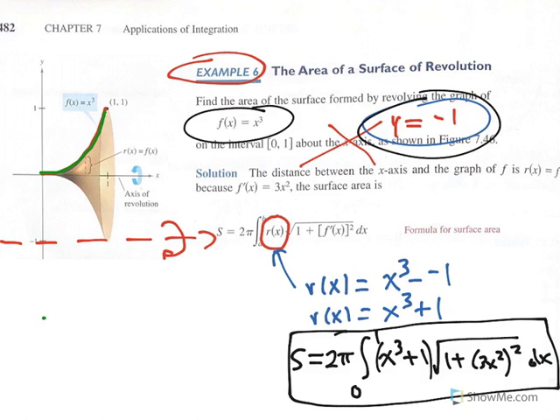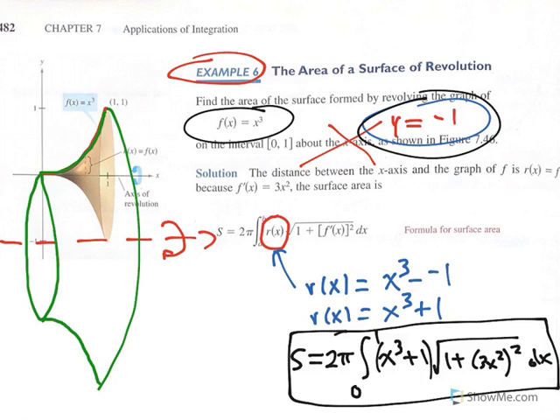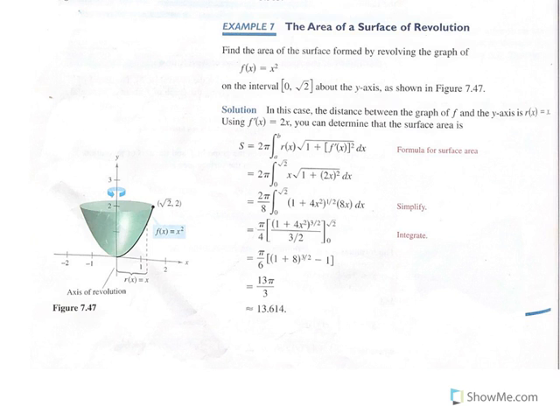It would look something like this. So your surface of revolution in this case would be basically the surface that you see here.